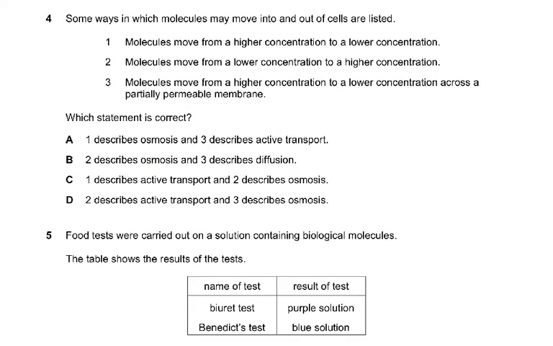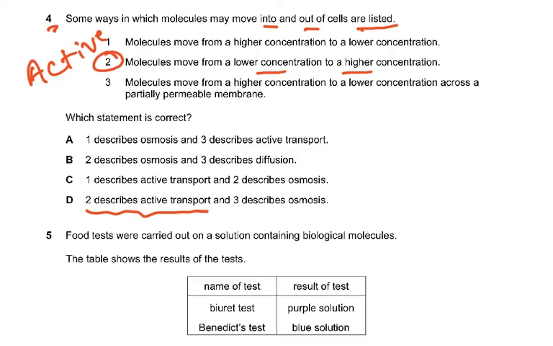Okay, now coming to question number 4. Some ways in which molecules may move into and out of cells are listed. One, molecules move from a higher to a lower. Now higher to a lower is always diffusion. Molecules from a lower to higher is always active transport. So it can't be anything else. So then you have to look at which one, 2, describes active transport. That's the only one you have.